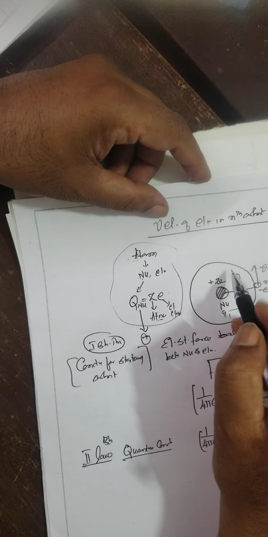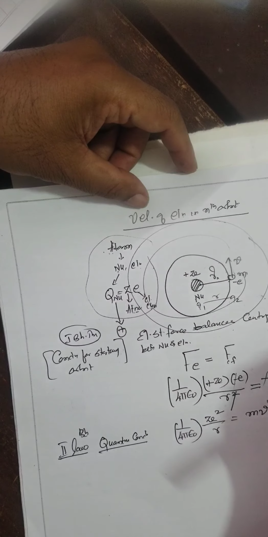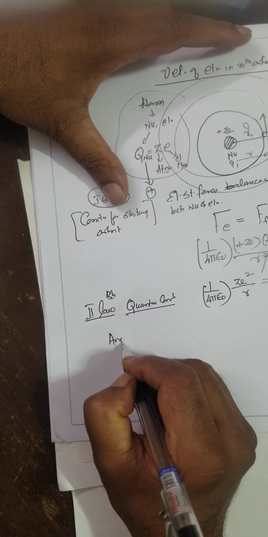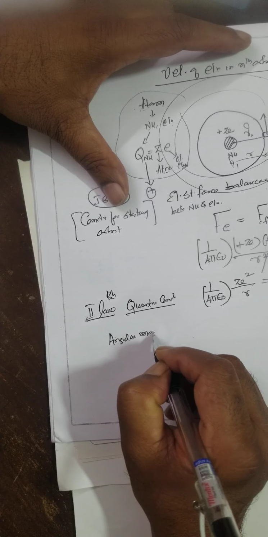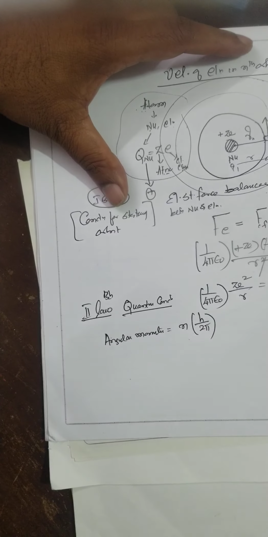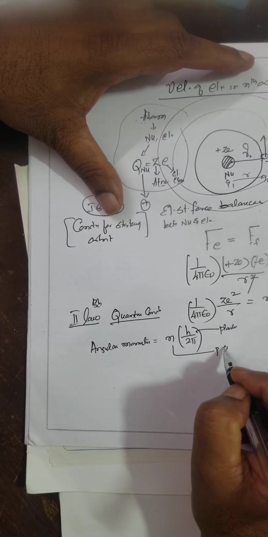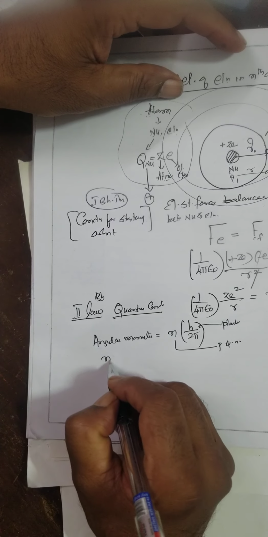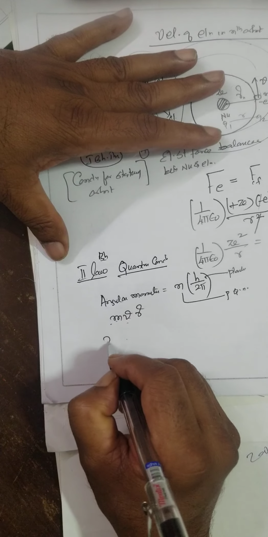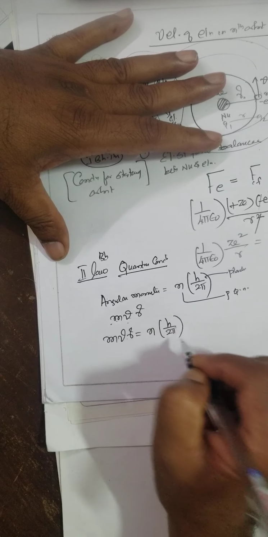The electrons are revolving in the stationary orbit, in which angular momentum is integral multiple of h by 2 pi, where h is the Planck constant, n is principal quantum number. Angular momentum is mass into velocity, linear momentum, multiplied by r. Therefore, mvr is equal to nh by 2 pi.